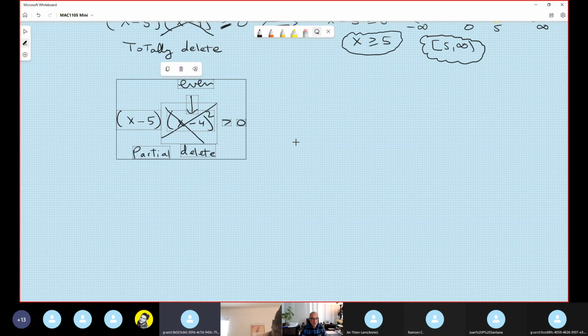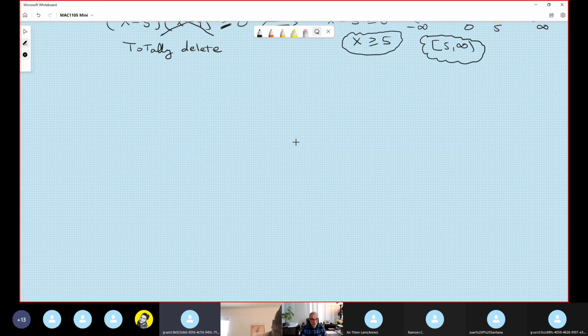One more interesting, it's similar, no? But change one number, so you see much better. Suppose we have x minus 3 times (x minus 4) squared greater than 0.